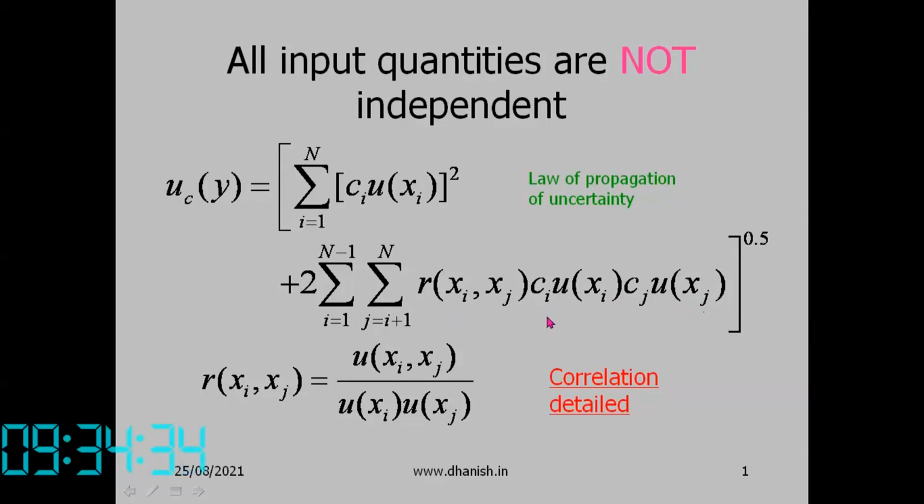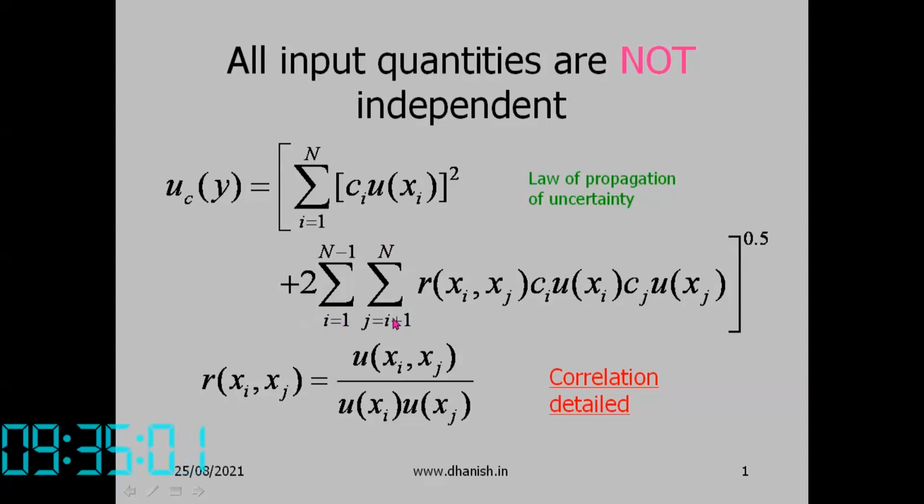So how many times can you take 2 variables at a time? That many terms will be here. If there are 3 variables, there will be 3 terms. The sum is i equal to 1 to n minus 1, j equal to i plus 1 to n. So for i equal to 1, j will be 2, then j equal to 3.